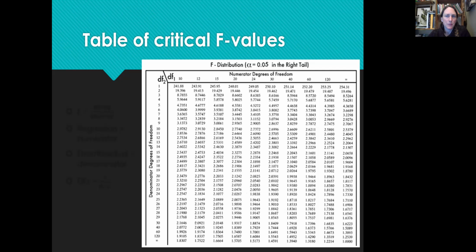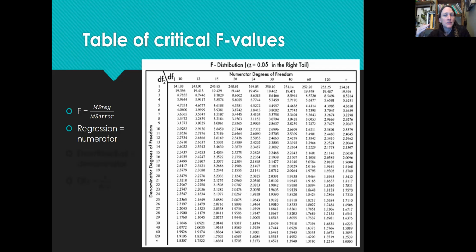Now, F tables are a little bit harder to read because there are 2 degrees of freedom that you have to track: the degrees of freedom in the numerator and the degrees of freedom in the denominator. Remember, the F ratio is the mean square regression divided by the mean square error, so it's the degrees of freedom associated with those 2 terms.